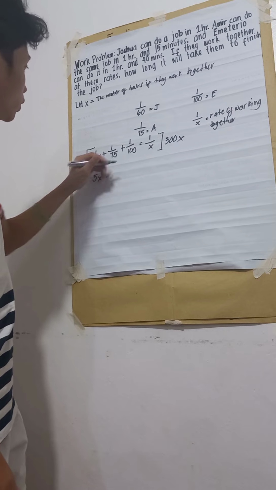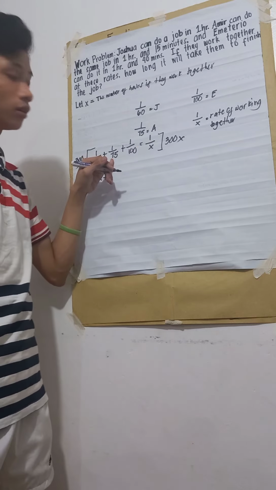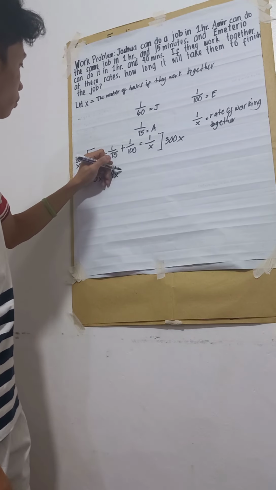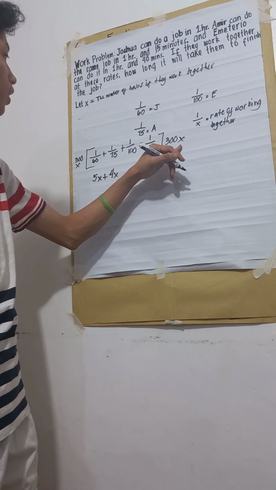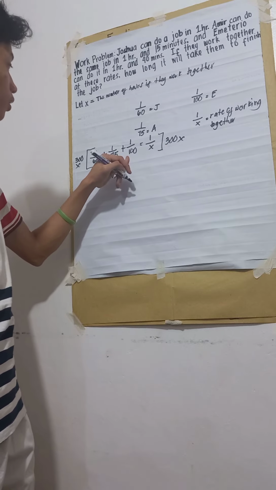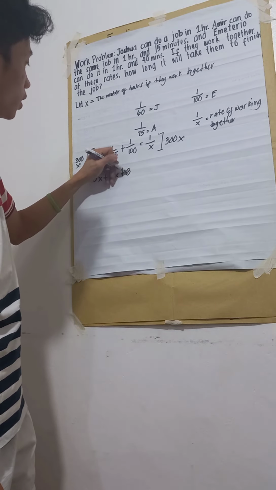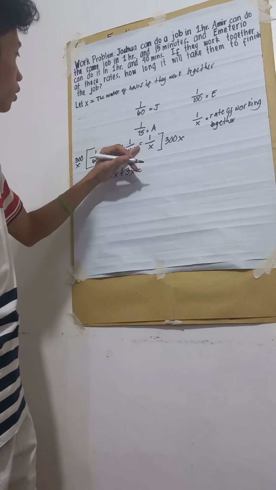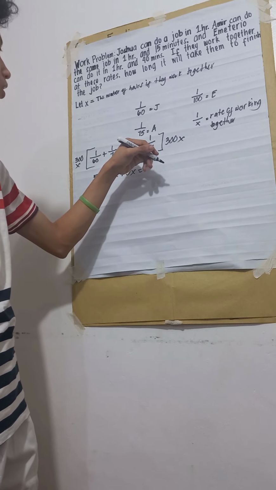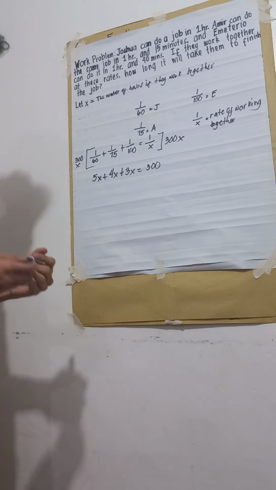Plus 300x divided by 75 is 4, multiplied by 1, so that would be 4x. 300x divided by 100 is 3x, multiplied by 1, so that would be plus 3x equals 300x divided by x is 300 multiplied by 1, so that is 300.